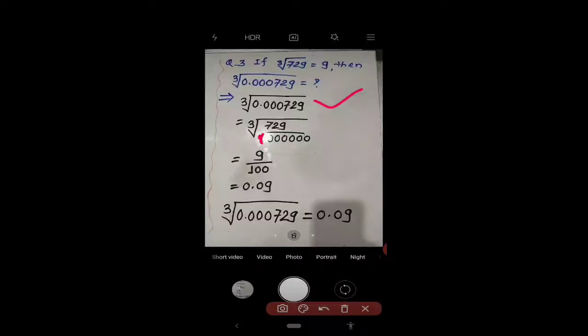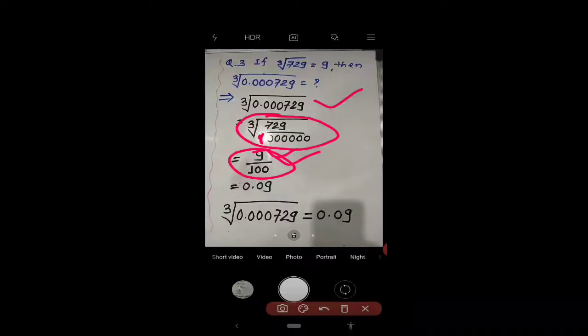We know that 729 is the cube of 9, means the cube root of 729 is 9 and the cube root of 10 lakh is 100. Means the cube root of this total number is 9 upon 100.